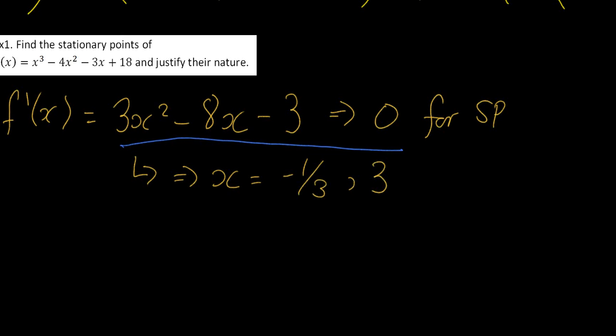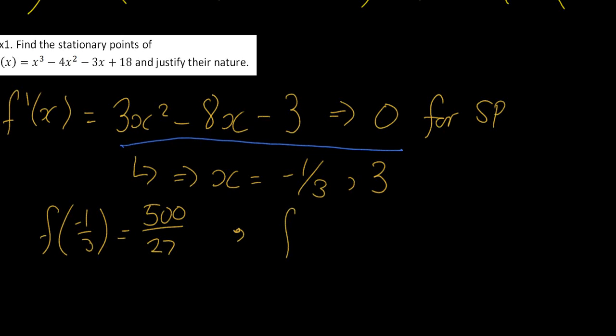Of course, these are just the x coordinates of your stationary points. If you want to find out what the coordinates actually are, then you need to sub these back in. That means we need to find out what f of negative 1/3 is. It's going to be 500 on 27. I use the CAS for this, of course. You're welcome to think that I did that in my head, but don't believe that. It's nonsense.